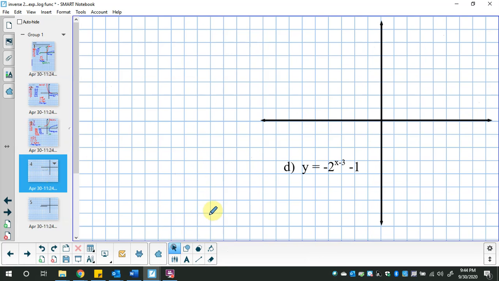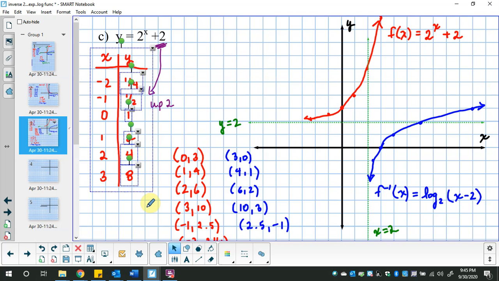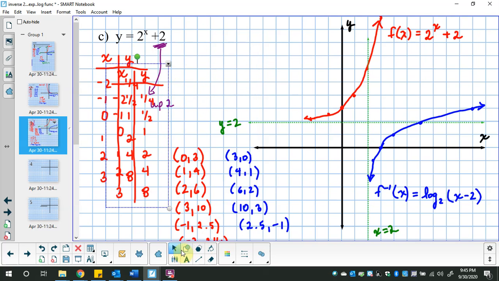Do you know what's happening to this thing? So this is the exact same graph as this one, only some weird things are happening. Now I am going to steal this information because we still have the base graph is the same, and that is the y equals 2 to the x part of it.